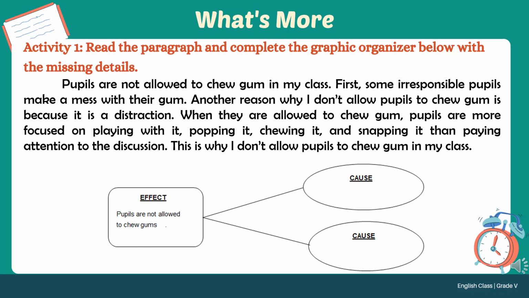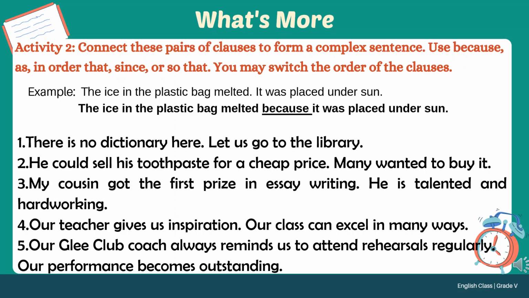Now, let us begin activities for independent practice to solidify your understanding of the topic. Let's have the first activity. Read the paragraph and complete the graphic organizer below with the missing details. Activity 2.